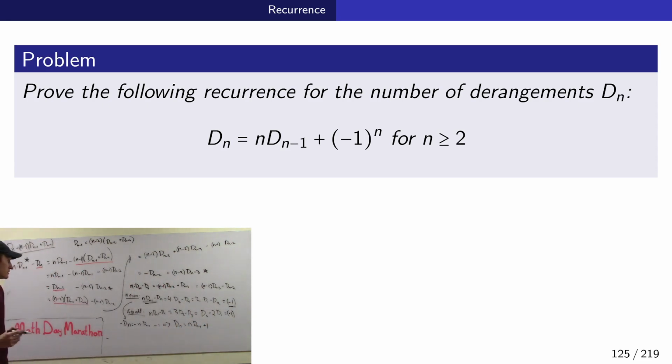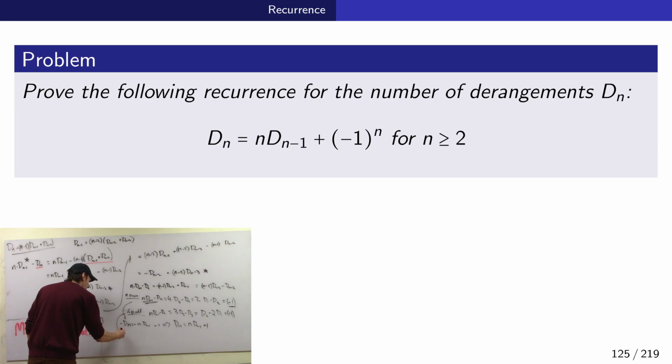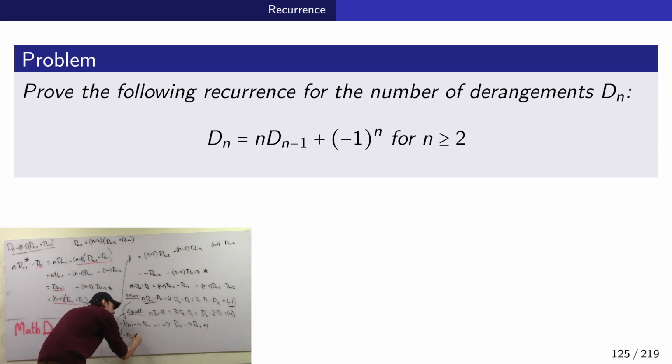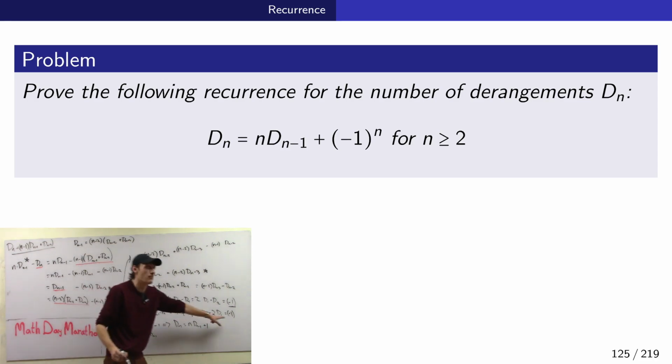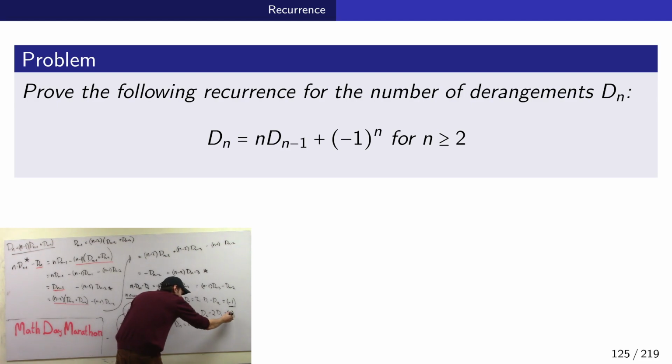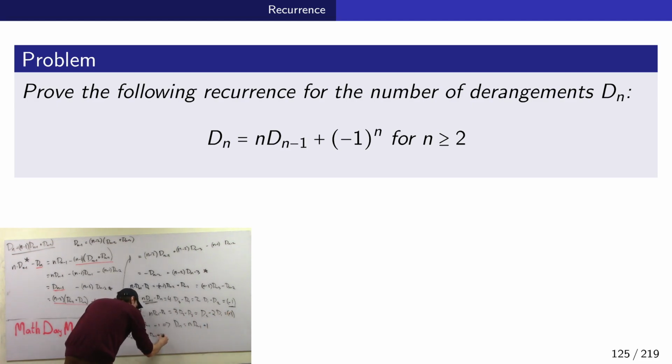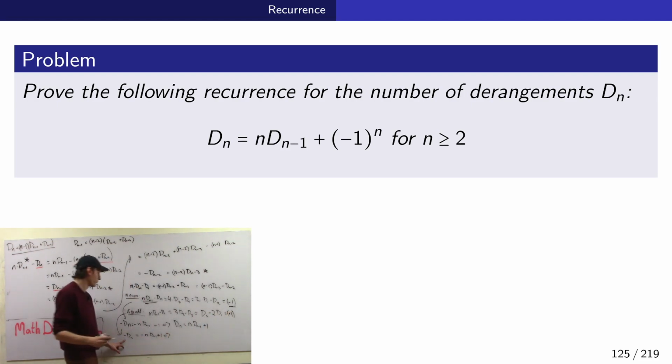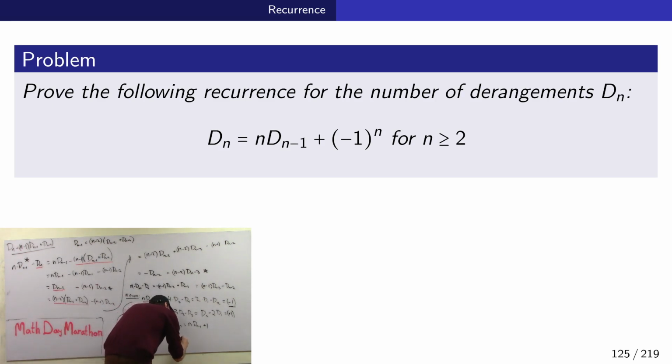Okay? And if n is odd, you get negative d sub n equals negative n times d sub n minus 1 plus 1. Sorry, I said minus, but it's a plus. So you multiply by negative 1, and you get d sub n equals n d sub n minus 1 minus 1.